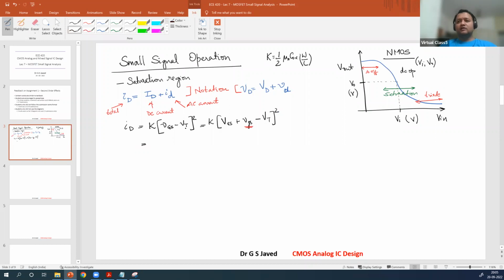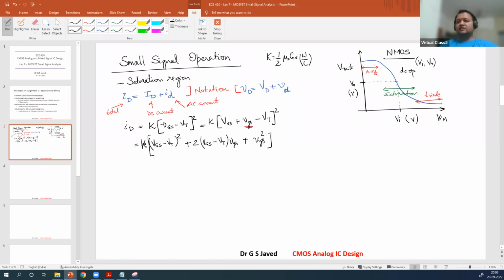So that would be VGS minus VT the whole square, plus 2 times VGS minus VT multiplied by small vgs, plus small vgs whole square. Each of them multiplied by K.